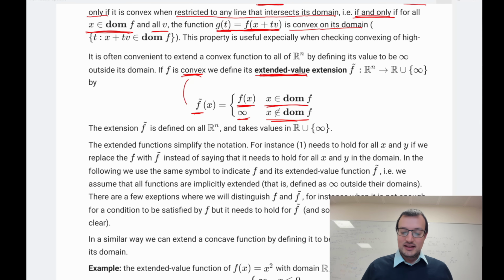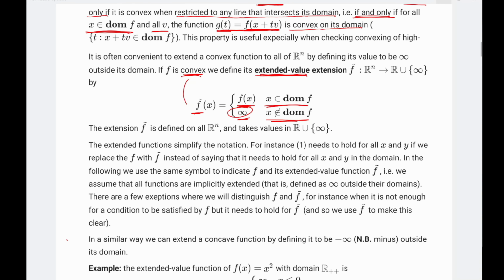For a concave function, the definition has to be replaced: you have to replace infinity with minus infinity. It's written over here. Keep it in mind, because if you do some exercise and use infinity, things do not work. The reason is that a function is concave if minus f is convex, so for concavity you need minus infinity.